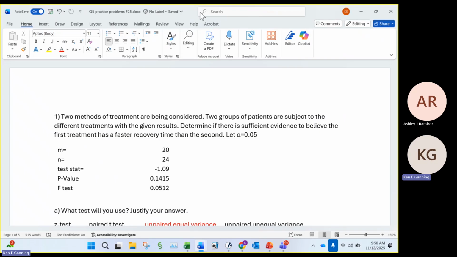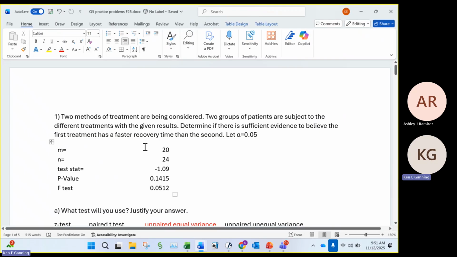Okay, Z-test or not Z-test? Not a Z-test. Paired or not paired? Not paired. Do we even have to think about that one? No, because we have different sets of data points. You can't pair, if you have 24 cups and 20 saucers, you can't pair all the cups and saucers, right? So you can't pair all the data if you don't have the same amount.